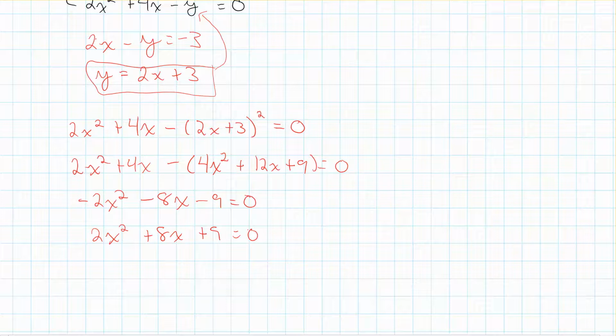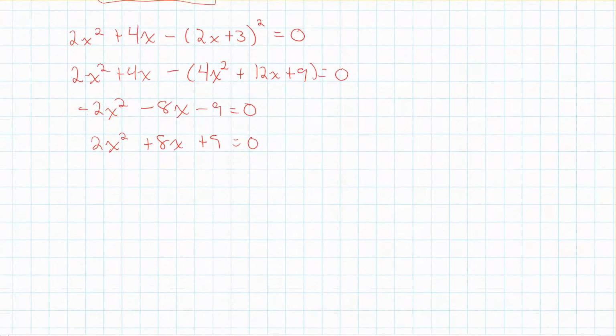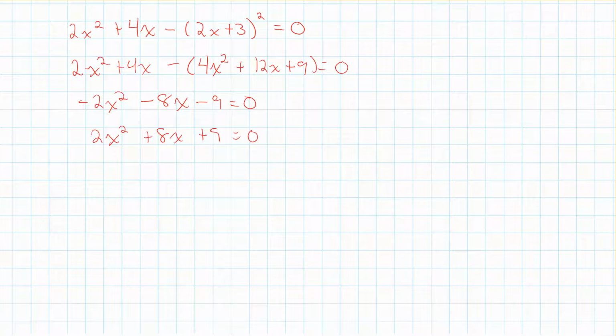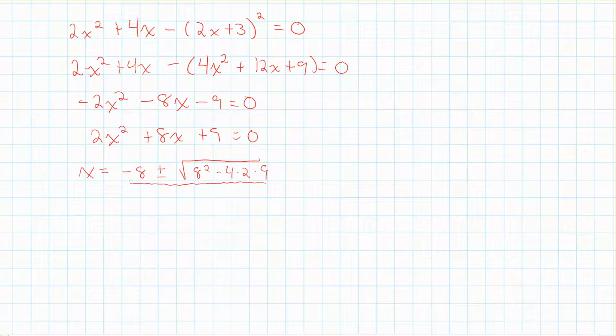And this one may factor. I've stared at it for a few minutes and I just don't see an easy factoring on it. And so let's go ahead and use the quadratic formula. So x would be negative 8 plus or minus the square root of 8 squared minus 4 times 2 times 9, all over 2 times 2.